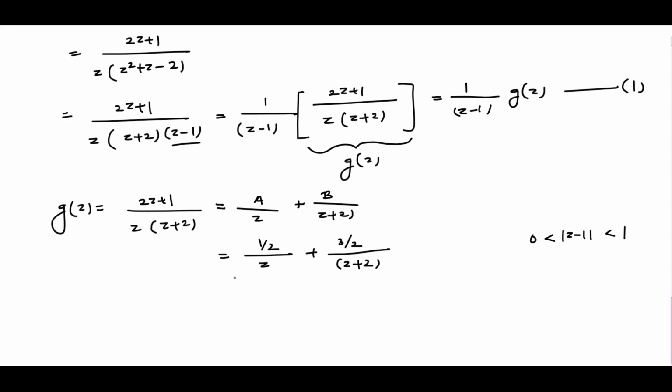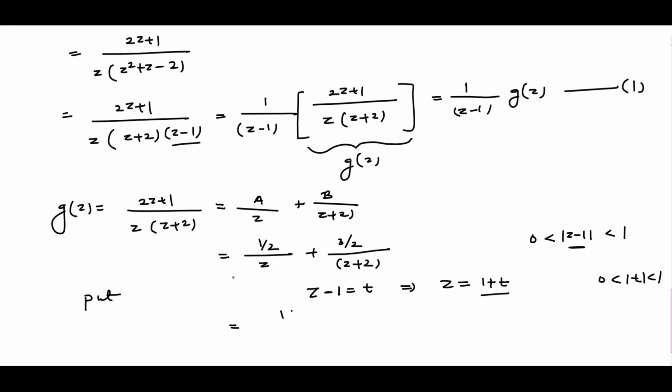So here the term is z minus 1, and we put z minus 1 equal to t. So from here the value of z is equal to 1 plus t. Then the domain will be 0 less than mod of t less than 1. So replace all z by t plus 1.